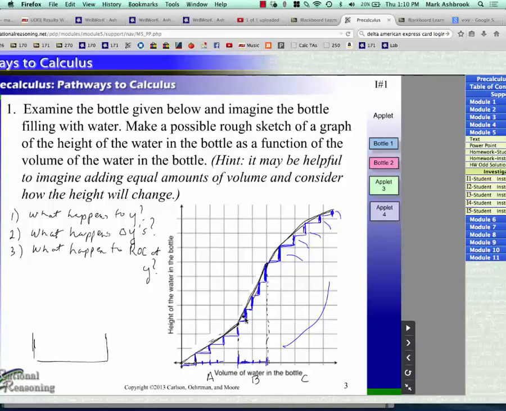And then what about in this part of the bottle? Okay, right, so it's going to be narrower because for the same amount of water, we're getting a bigger jump. But the increases are staying the same. So does it get narrower gradually or abruptly? Abruptly, right? All of a sudden now, the same amount of water is giving us a bigger change in height. So that's going to look like this.